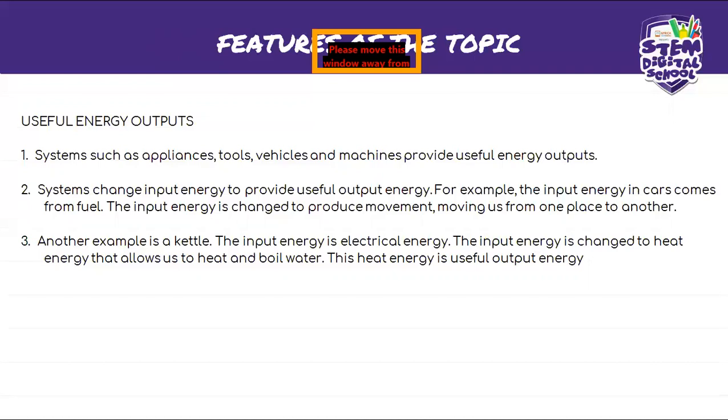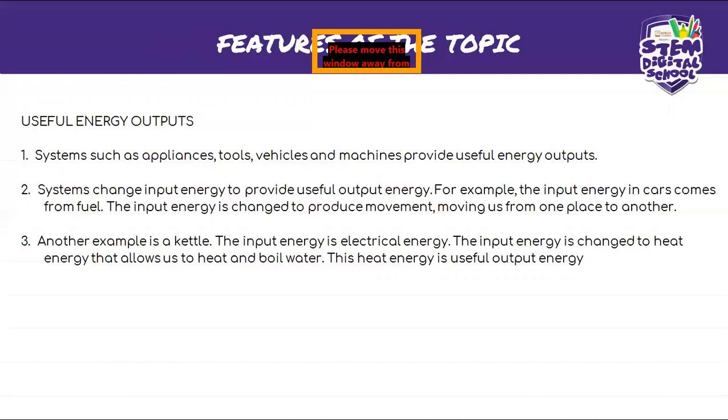The input energy is changed to produce movement, moving from one place to another. Another example is a kettle. The input energy is electrical energy. The input energy is changed to heat energy that allows us to boil the water.